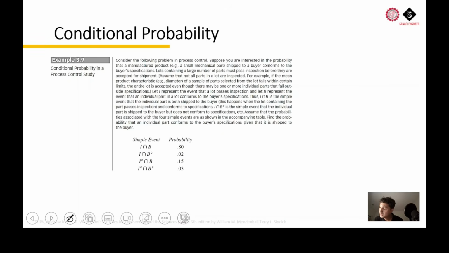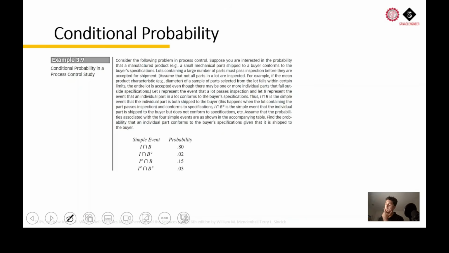So assume that the probabilities associated with the four simple events are as shown below. Now, the problem is to find the probability that an individual part conforms to the buyer's specifications, given that it is shipped to the buyer. Okay, so first let's analyze this simple event.